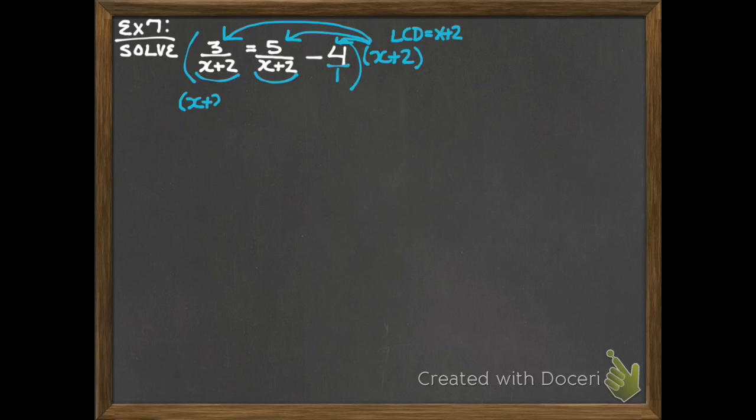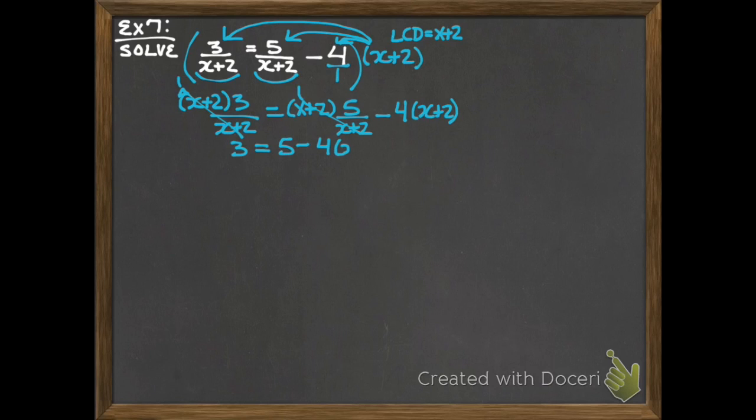You might not need this step. x plus 2 times 3 over x plus 2 equals x plus 2 times the 5 over x plus 2 minus 4 times the x plus 2. Okay, so here x plus 2 divided by x plus 2 just cancels out and gives me 1. So I'm left with 3 equals 5 minus this 4 times x plus 2.